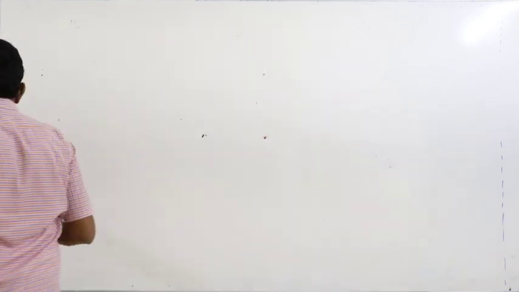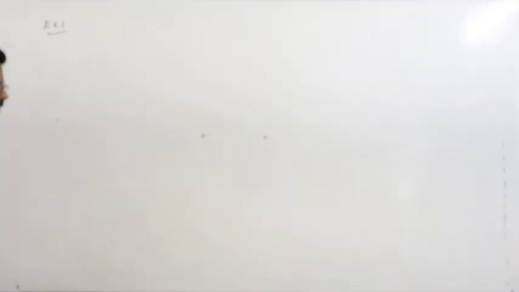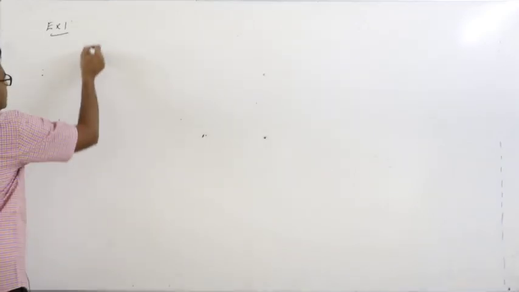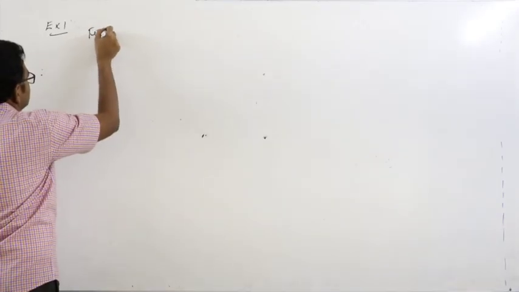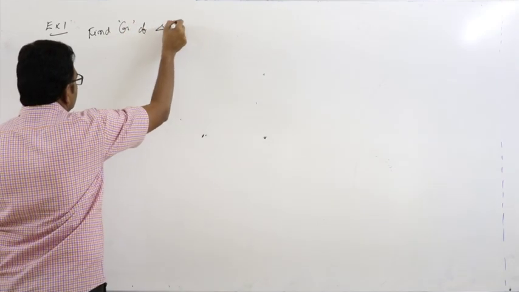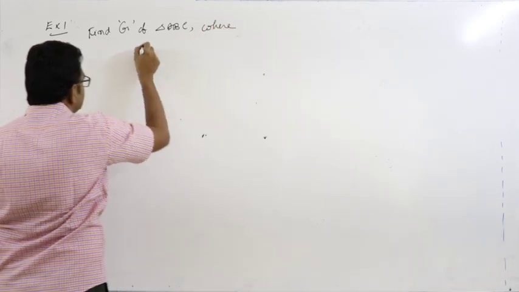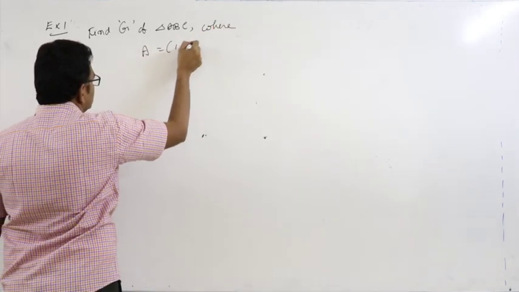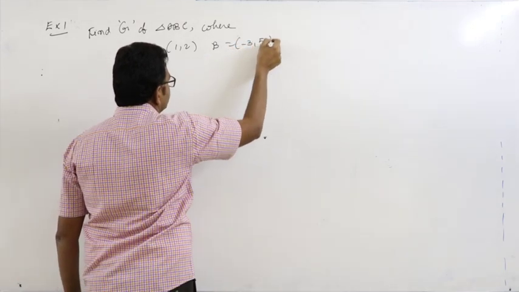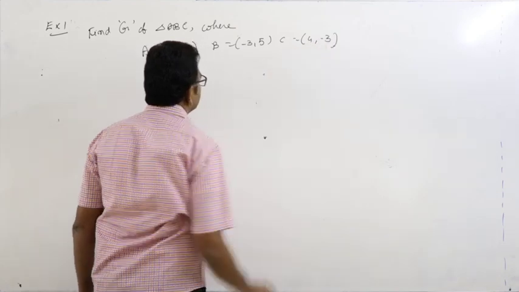Here, example. Find the centroid of triangle ABC where A is equal to (1, 2), B is (-3, 5), C is (4, -3).